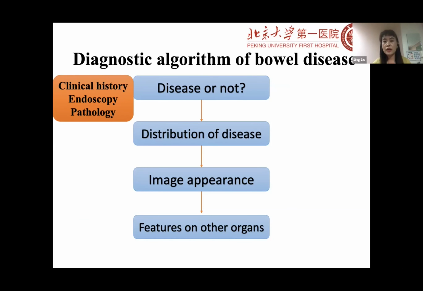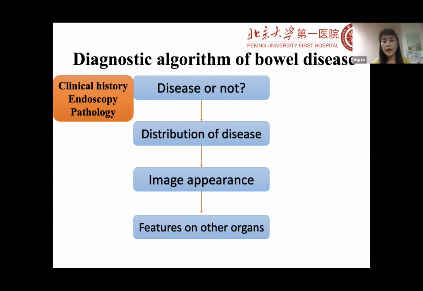Before we take a look at the images and make the final diagnosis, the most important thing you need to do is get to know the patient's history and the current examination results. Why? Because many bowel diseases have overlapping images, so under most conditions, it's impossible to make the correct diagnosis if we don't know the patient's history.